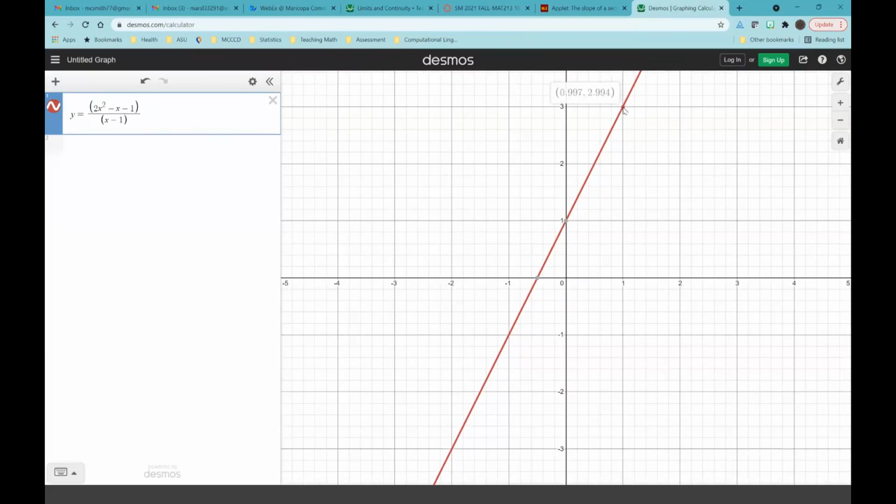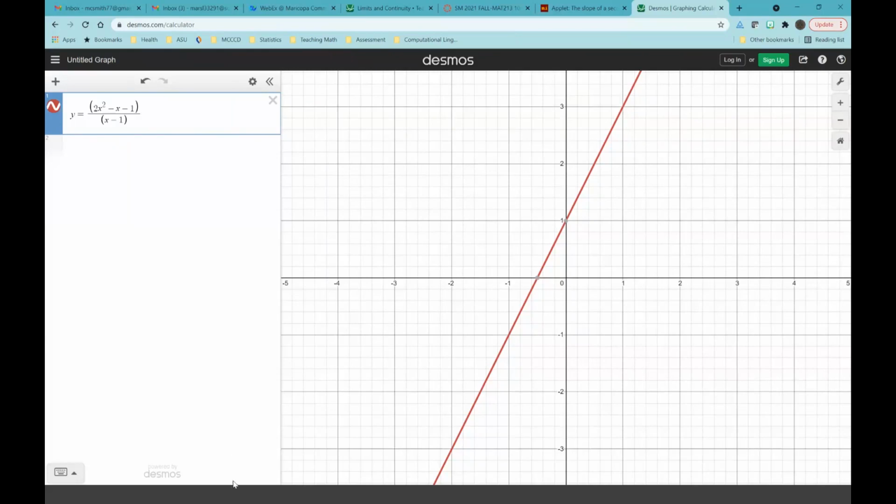I'm sorry. There you go. And you can see if you look under my cursor, it is an open circle. So that's the hole in your rational function. This rational function doesn't have asymptotes, it just has a hole. Which means it graphs, so it looks linear, but it's not linear because linear functions don't have holes in them. So that's kind of important to realize.